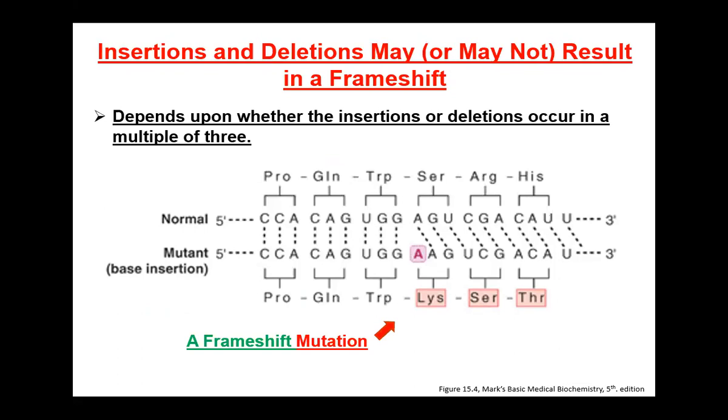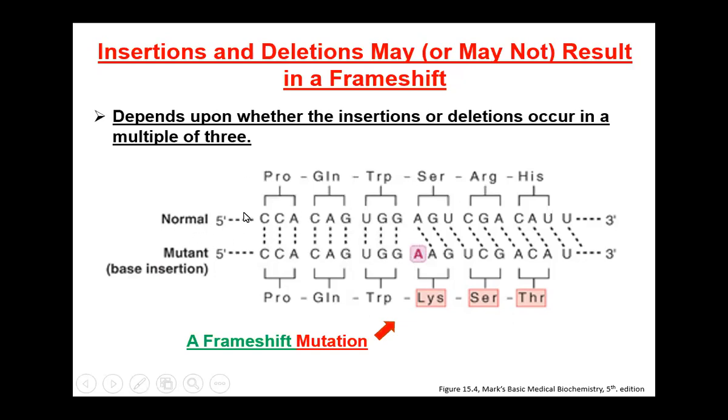So here's what I'm getting at with a frame shift. Let me explain what a frame shift is. A frame shift is going to occur when the reading frame for the mRNA is changed. So let me walk you through this figure here.